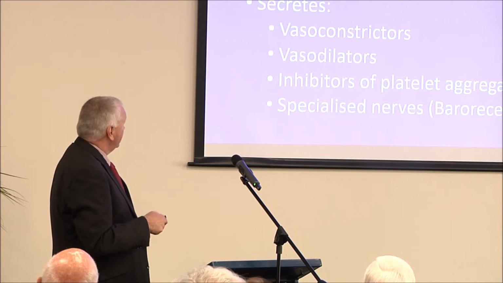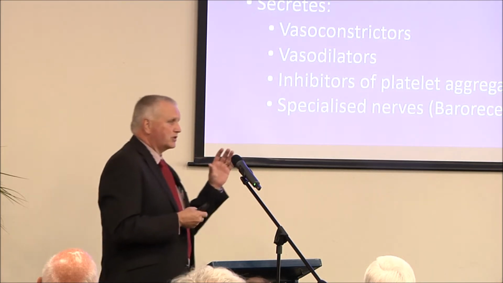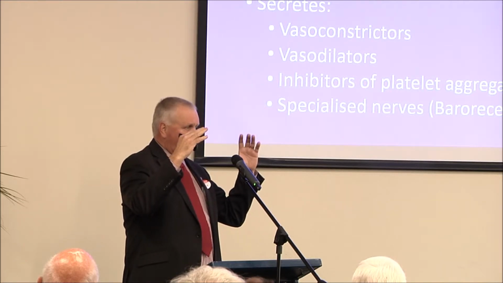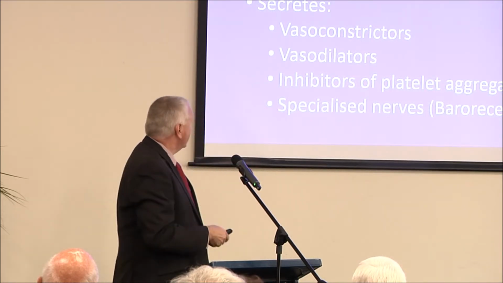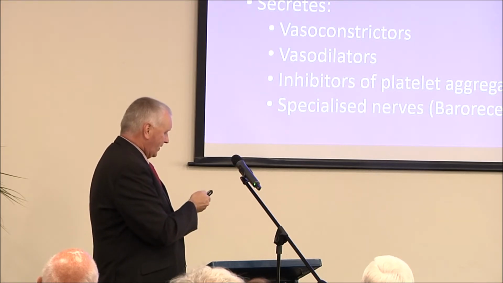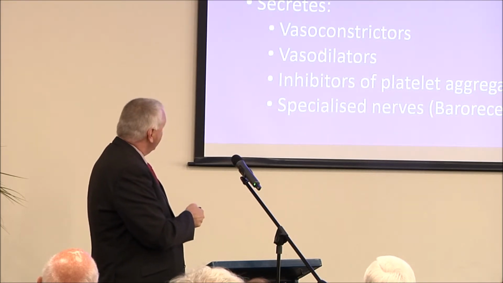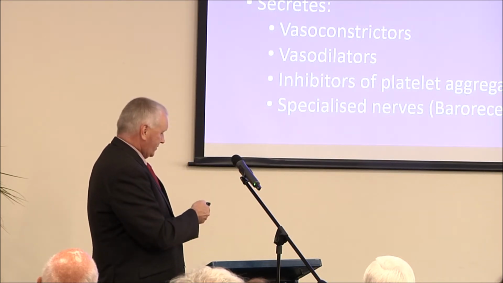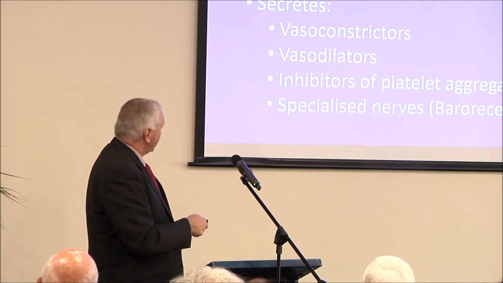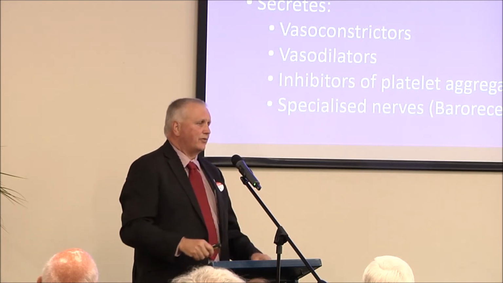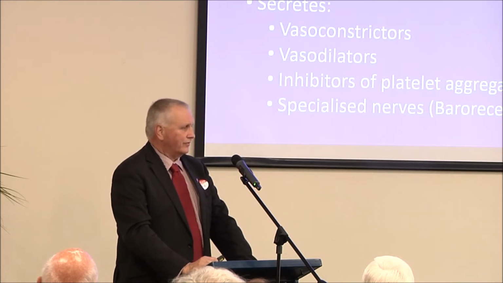The endothelium can release vasoconstrictors, which are localized drugs which can cause our arteries and our aorta to contract down. Nature is full of opposing pluses and minuses. It also has vasodilators, which can allow the arteries to open up. It has chemicals which stop platelet aggregation, and it has specialised nerves, baroreceptors and chemoreceptors, which constantly sample the blood and feed back to the brain and various other things.